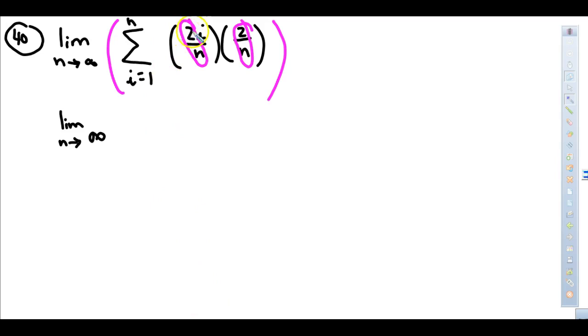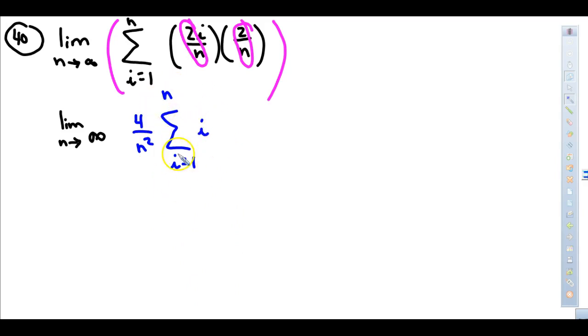So that's actually going to be 2 times 2, which is 4, n times n, which is n squared. That's going to come out of this sigma, and I'm just going to be left with i. See where I'm going with this?